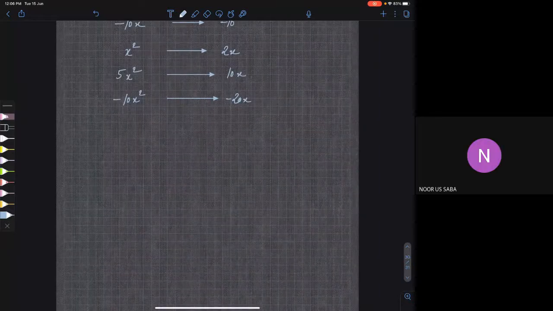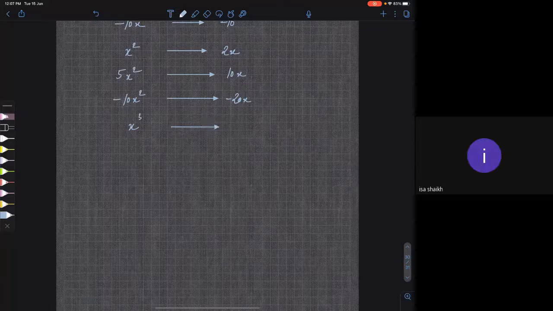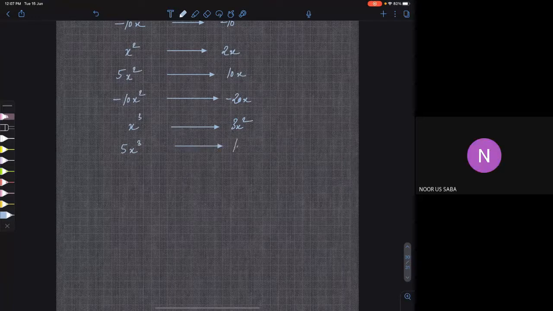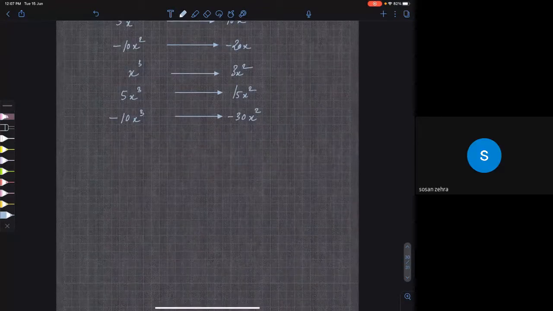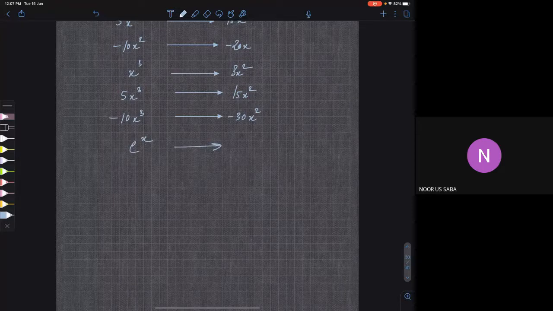Now, what is the derivative of x cube? 3x square. What is the derivative of 5x cube? 15x square. What is the derivative of minus 10x cube? Minus 30x square. Clear? Now, e power x. e power x.